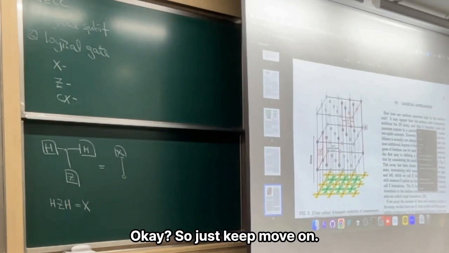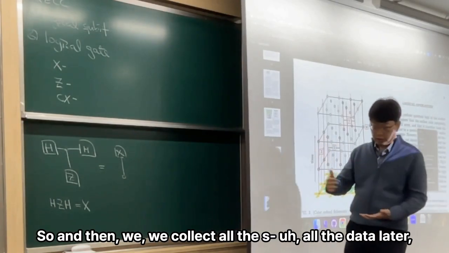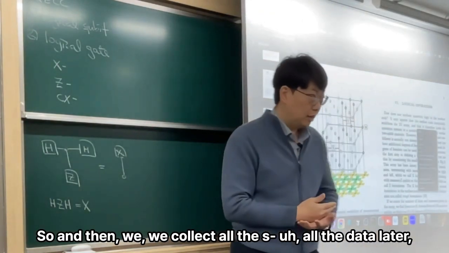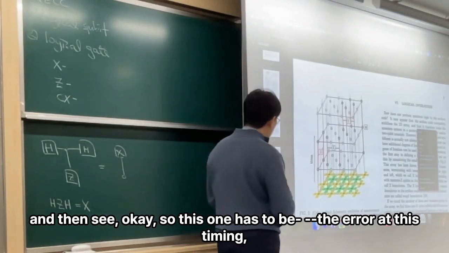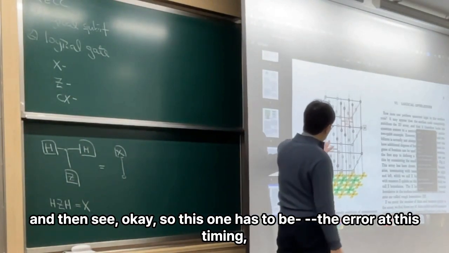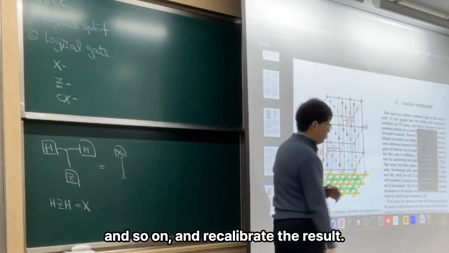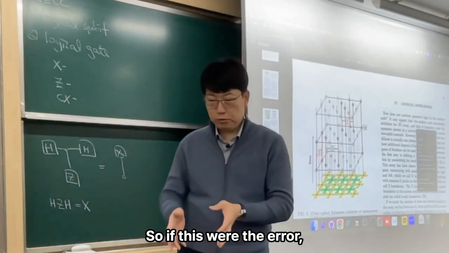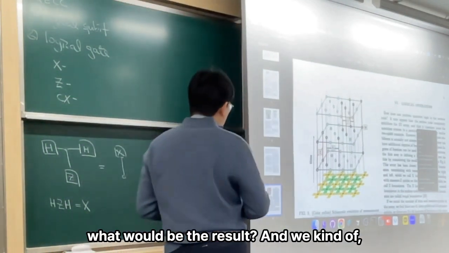Okay, so just move on. And then we collect all the data later, and see, okay, so this one has to be the error at this timing, and this error occurred at this timing, and so on, and recalibrate the result. So if there were no error at this timing, what would be the result?